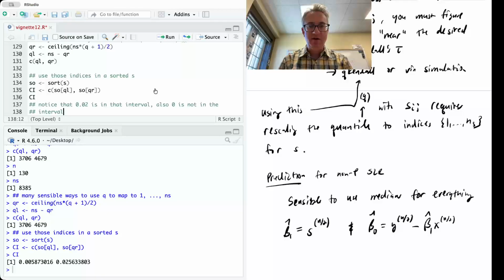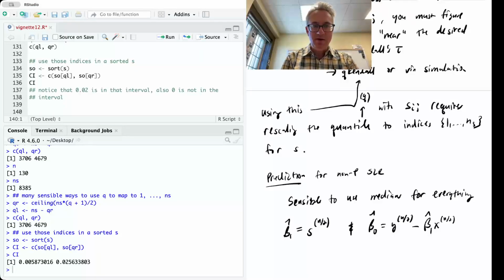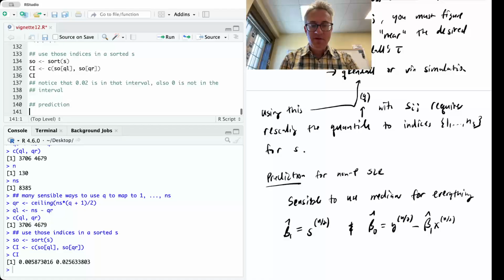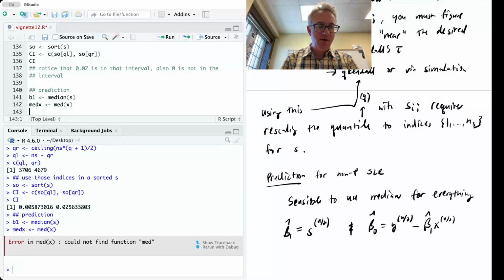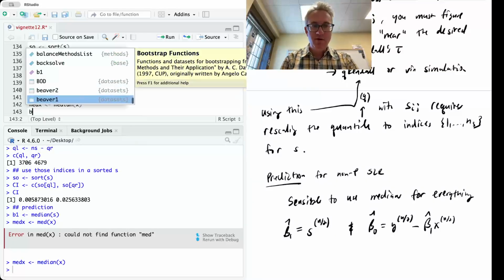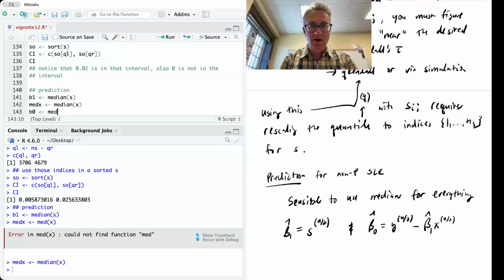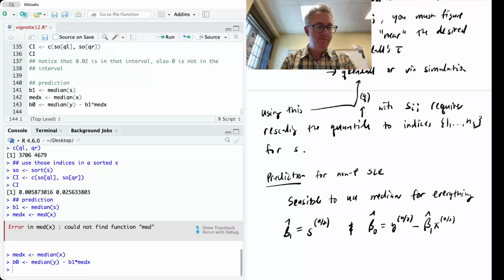So to be specific about that, what I mean is take your estimate B1 to be the median of the 8,000 odd slopes that you calculated, and then take the median of the x's, and then your intercept is the median of the y's minus B1 times the median x value. And then I can put that on the plot. So I gotta get the plot back.